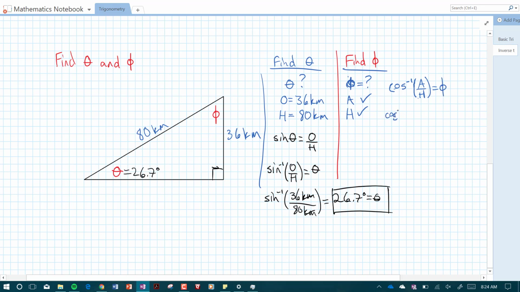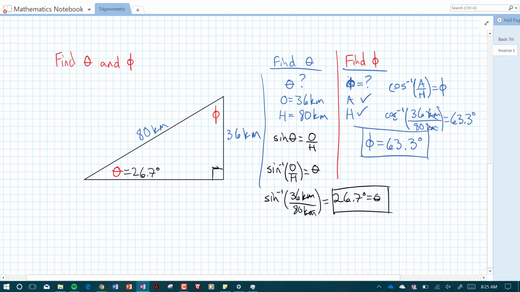So we do inverse cos of 36 kilometers divided by 80 kilometers. Our units cancel. We plug it into our calculator and we get 63.3 degrees. So our angle phi is equal to 63.3 degrees.